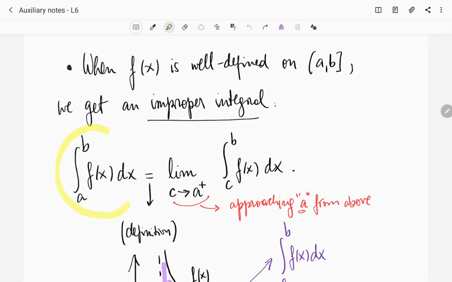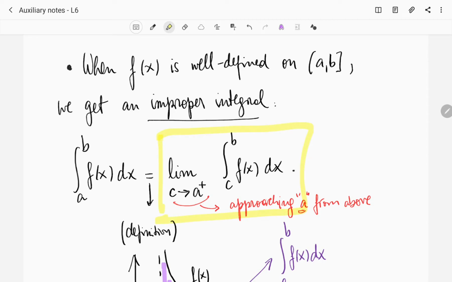So when we write this, which is exactly the same notation that we were using for proper integrals, in this case where we don't know if f is defined at x equal to a, what we mean here is this limit.